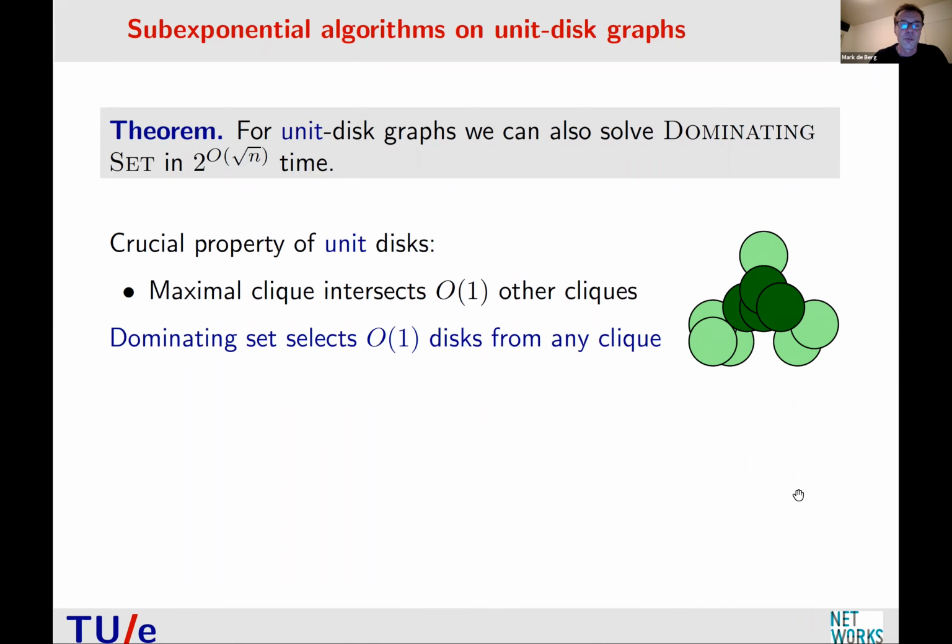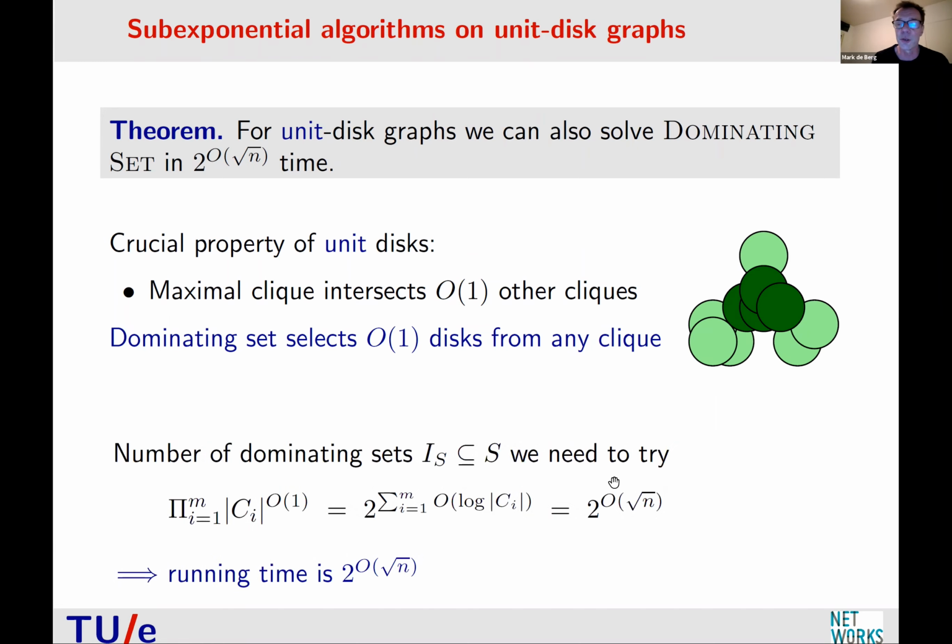And of course, that means that a dominating set has to select only a constant number of disks from each clique. If you pick one, you already dominate that clique itself, and maybe you need one more for each of the other cliques. If you would pick more, then it would have been better to pick something from these neighboring cliques. So this is the crucial property. And then again, if you simply write down the formulas that you get, you again see that it's 2 to the square root of n.